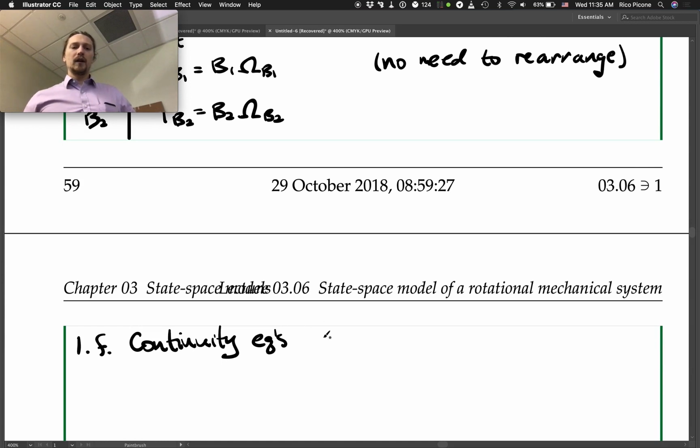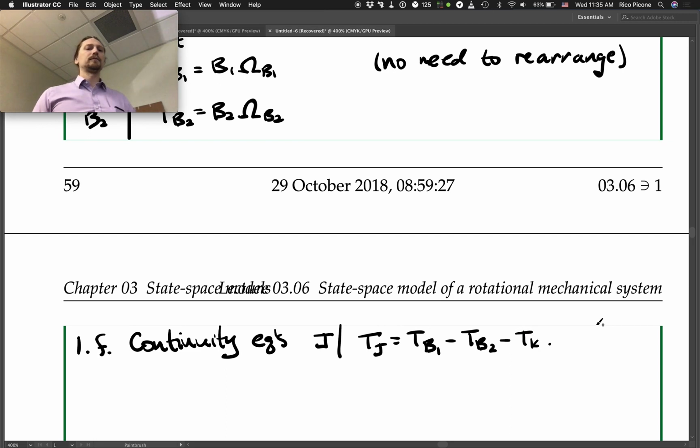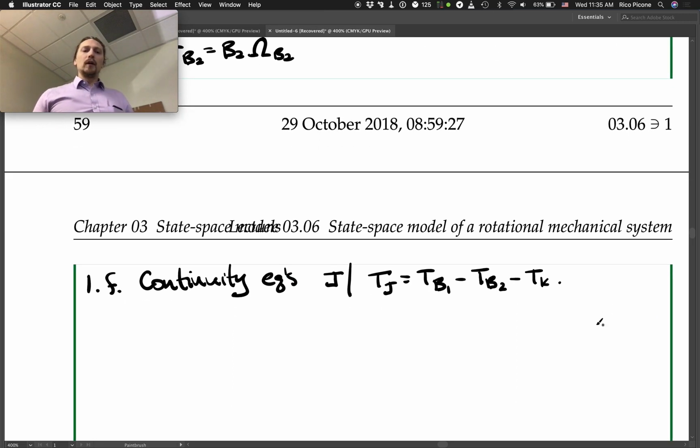So TJ equals TB1 minus TB2 minus TK. That's our only continuity equation, so we didn't really need the plural there.